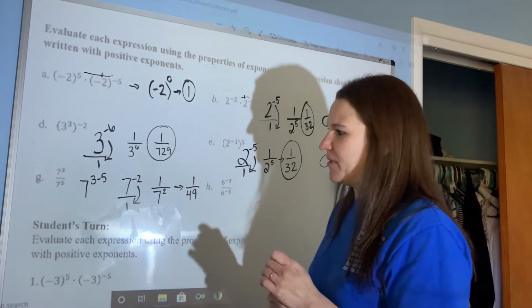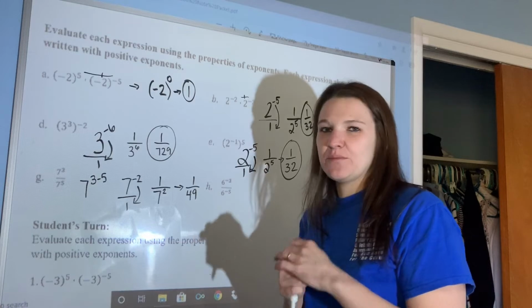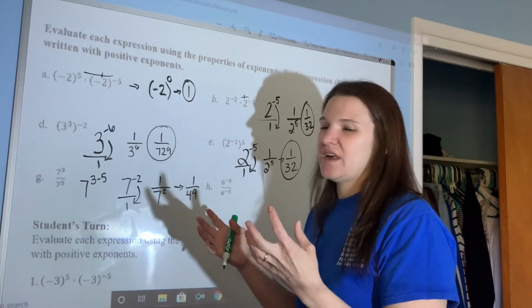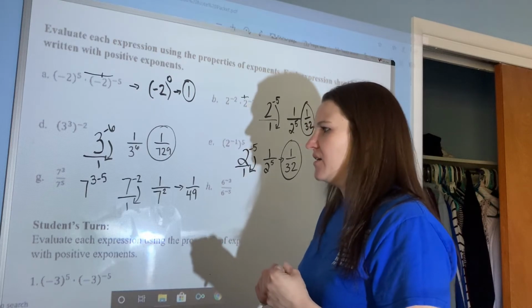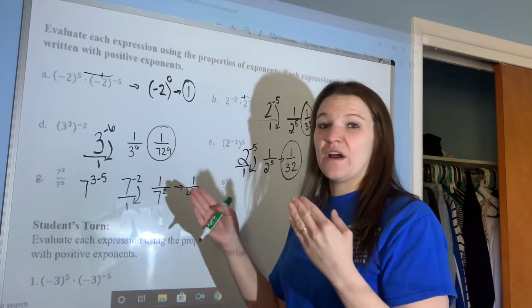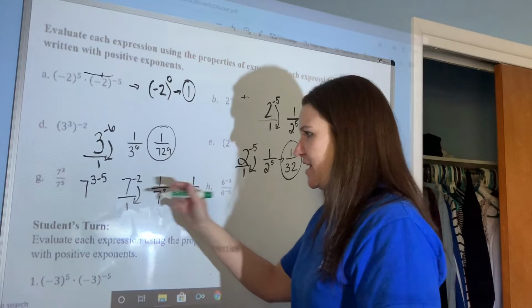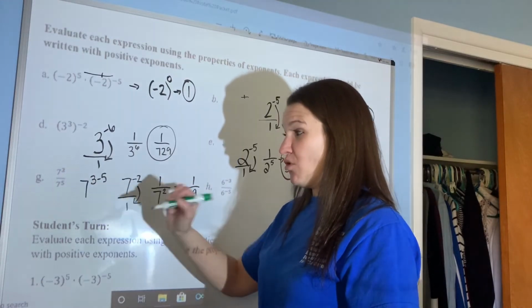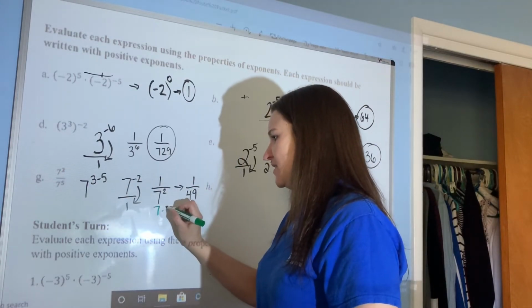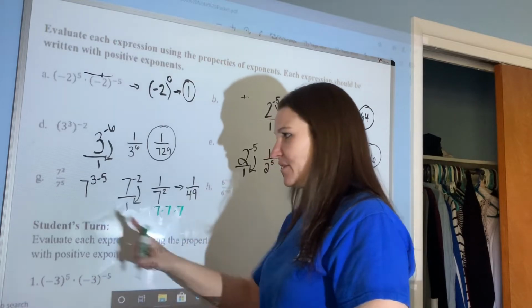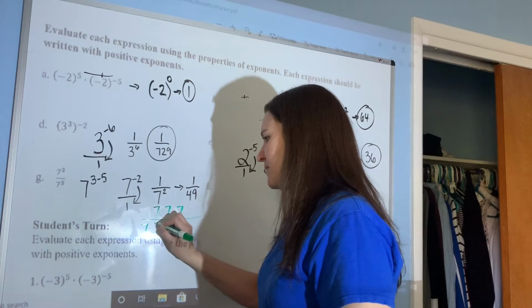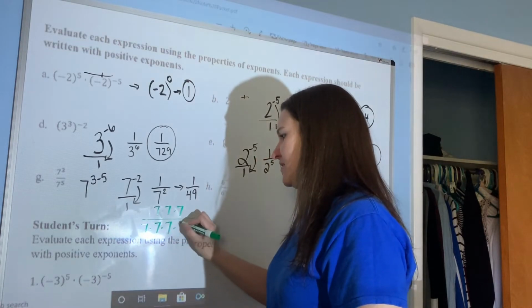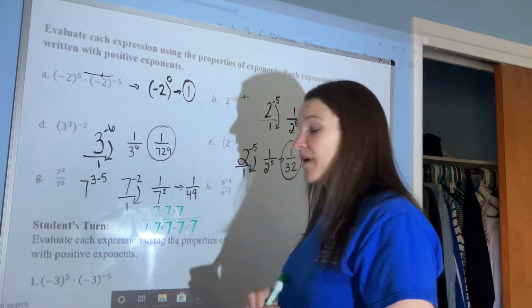So what I was trying to explain a little bit in some earlier lessons is that you can look at this and kind of do that simplification in your head. Once you get used to it, thinking about what it would look like longhand. So what I mean by that is, if I wrote this example longhand, it would be 7 times 7 times 7, because there's 3 on top, over 7 times 7 times 7 times 7 times 7 on the bottom.